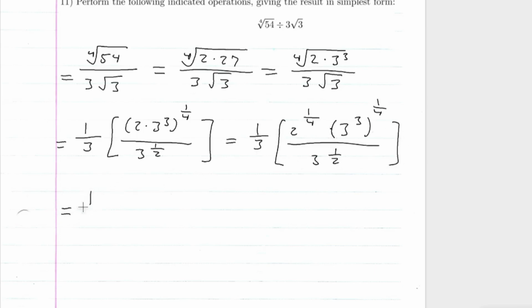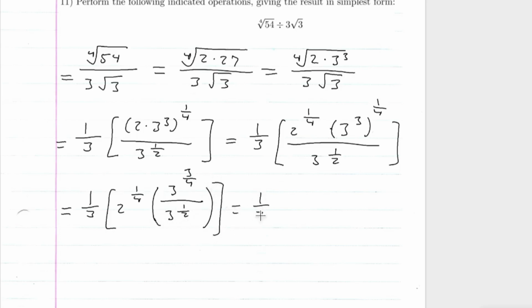So now we have 1/3 times, so I'm actually going to take out the 2 to the 1/4. So I can have 3 cubed raised to the 1/4. Remember, we multiply the exponents, so this will be 3 to the 3/4 over 3 to the 1/2, right?